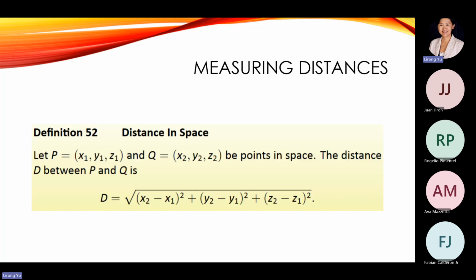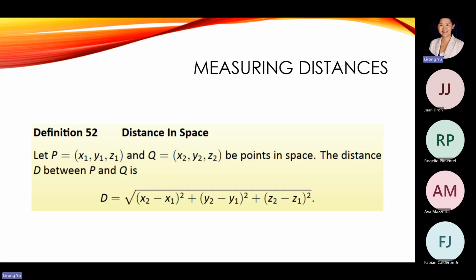All right, yesterday we talked about distance. Three-dimensional distance is different from two-dimensional distance. If we have points in a single plane, we have x value, y value, so (x1, y1) and (x2, y2). The distance is the square root of (x2 minus x1) squared plus (y2 minus y1) squared.